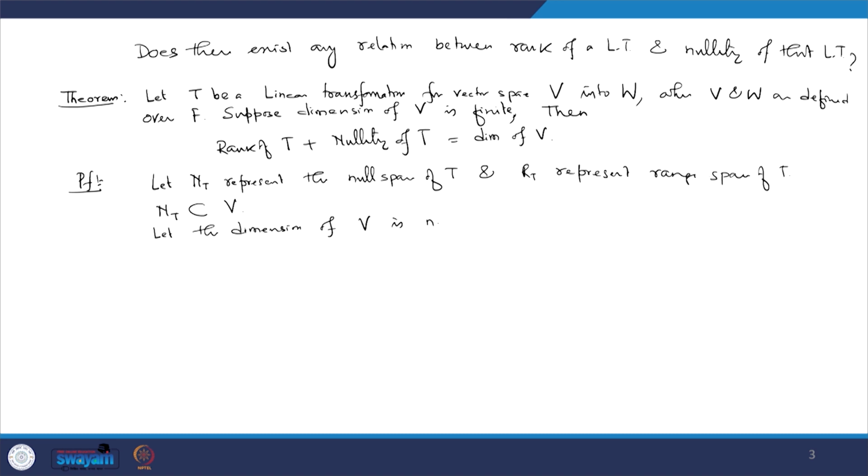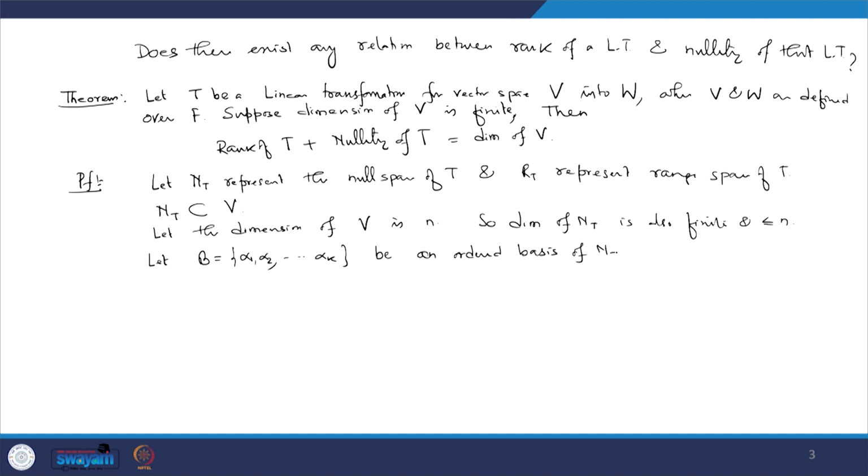So, the dimension of NT is also finite and less than or equal to n. Let B equal to {alpha 1, alpha 2, ..., alpha k} be an ordered basis of the null space of T.